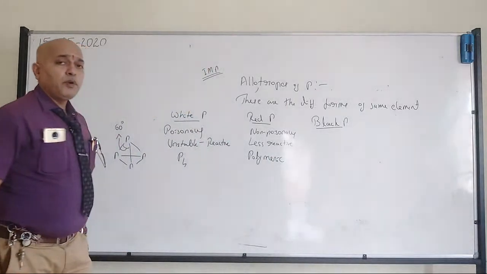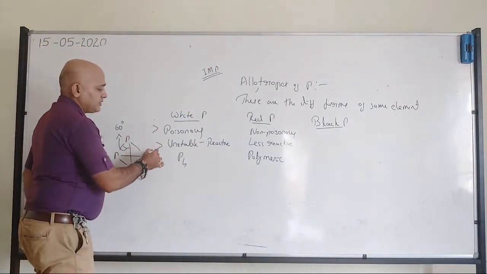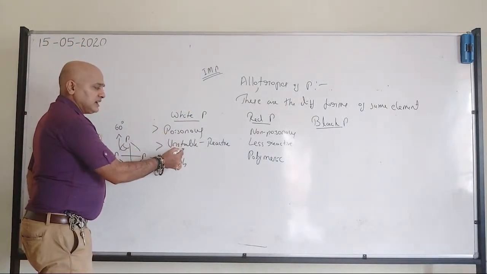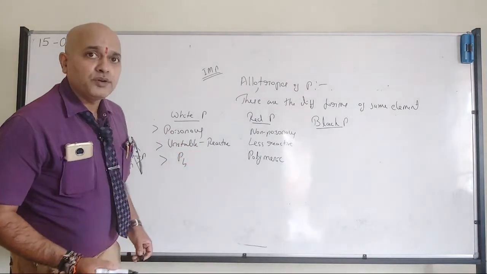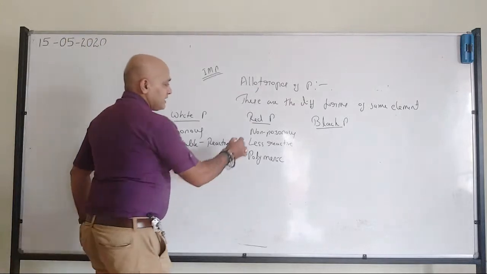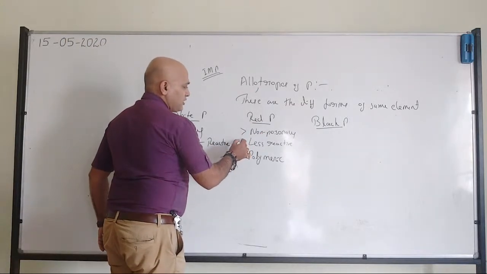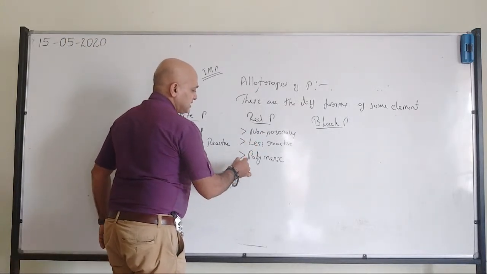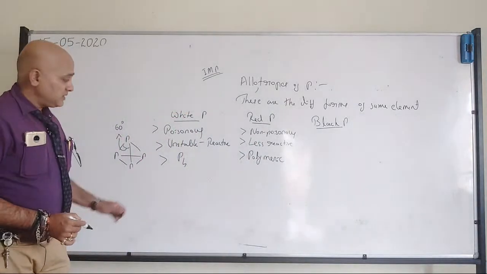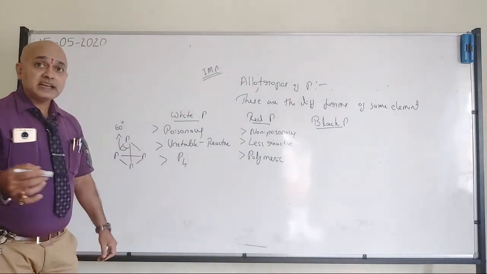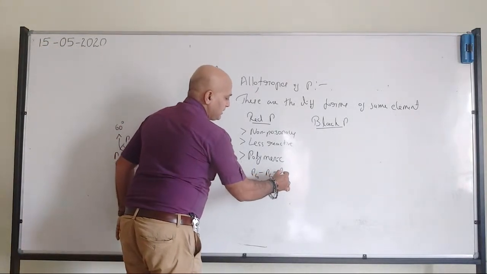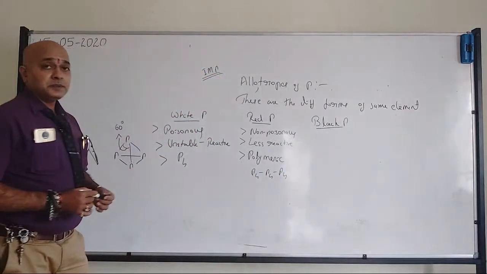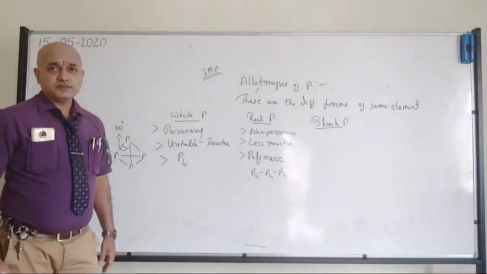Here white phosphorus is poisonous, unstable, highly reactive, and P4 is the formula. But red phosphorus is non-poisonous, less reactive, with a polymeric structure where P4 units are attached to each other. That is red phosphorus.